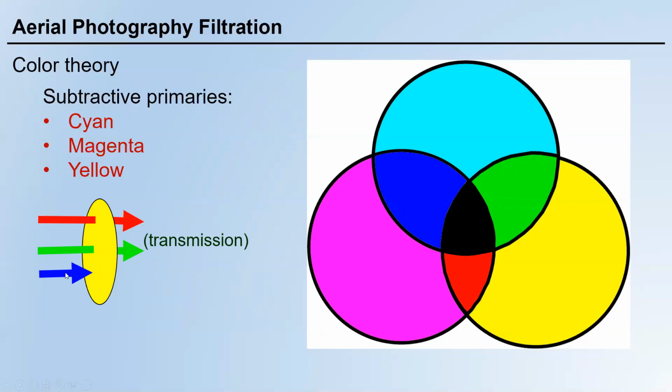Blue light, unfortunately, has been blocked, or absorbed, by this yellow filter, because blue is the complementary color of yellow, or usually we say yellow is the complementary color of blue. It's the same, right? So this is how we use subtractive color theory to create filters. And filters can be used to filter out some light with specific colors that we don't want, okay?